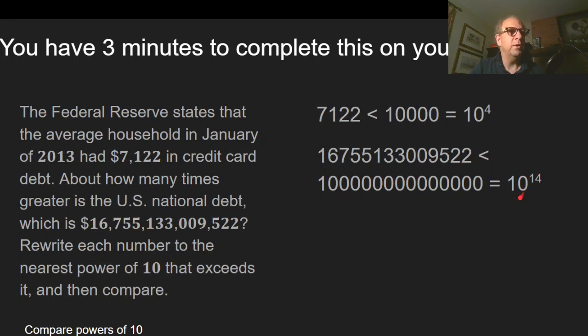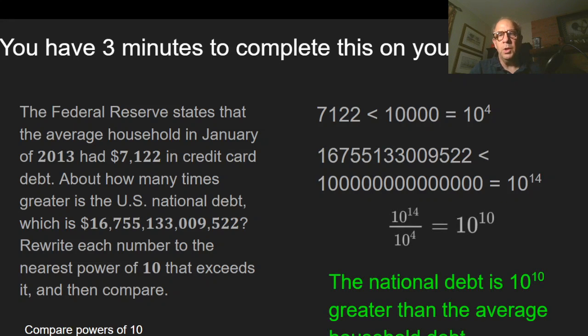So there's 14 digits, so that's 10 to the 14. We're just going to divide. Pause real quick and divide if you haven't done that yet. 10 to the 14th divided by 10 to the 4th. 14 minus 4 is 10, so that's 10 to the 10th power. So our national debt is greater than the average household debt by 10 to the 10th power, or about $10 billion per household.